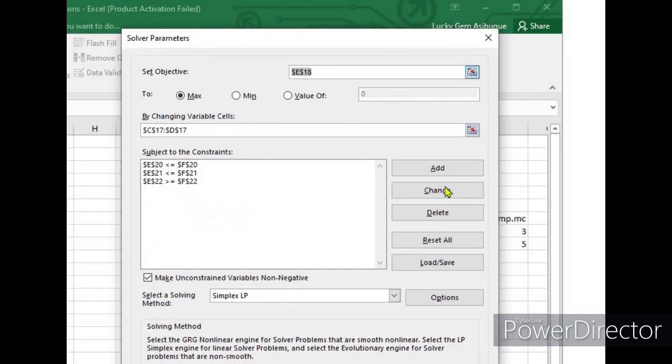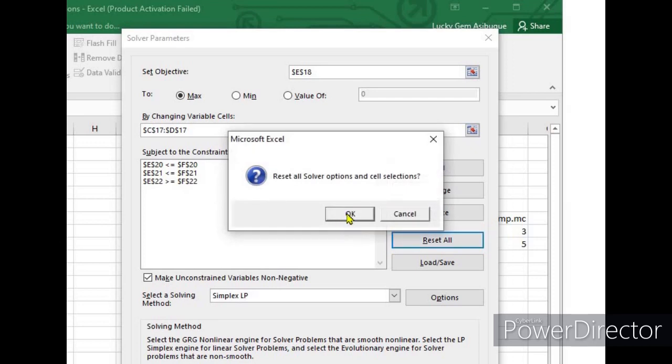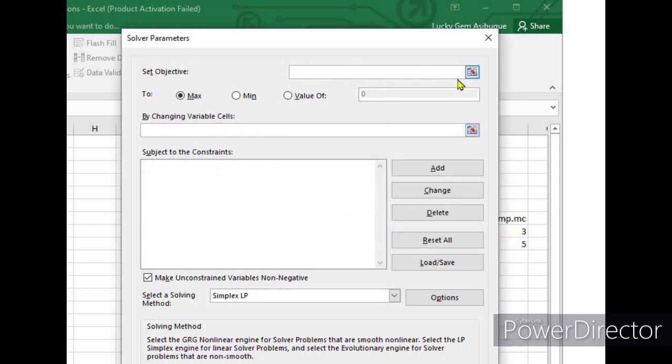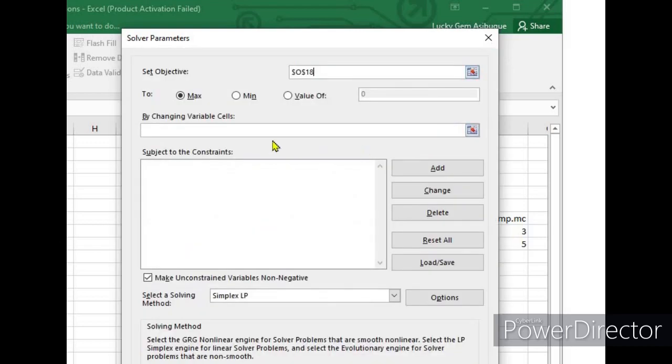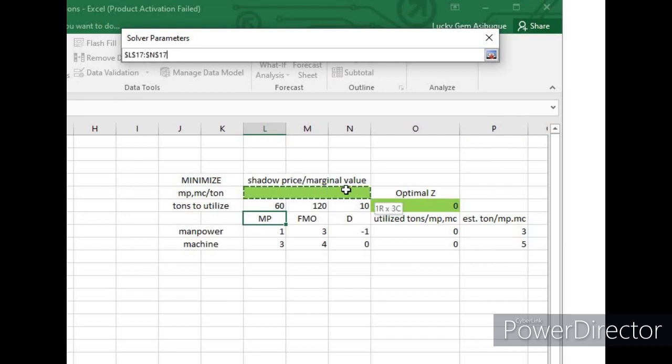Then you can reset all here. For this one, click this and choose this one, the optimal Z. Since this is a minimization, click min. And by changing variable cells, click this one.